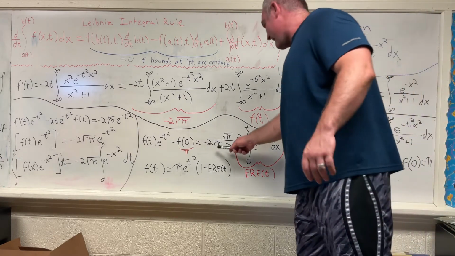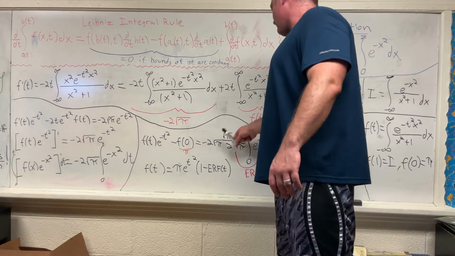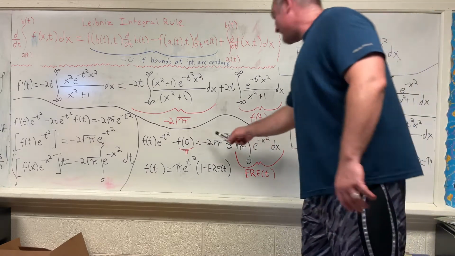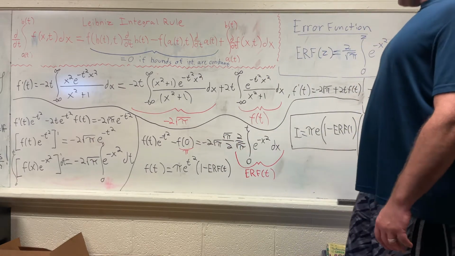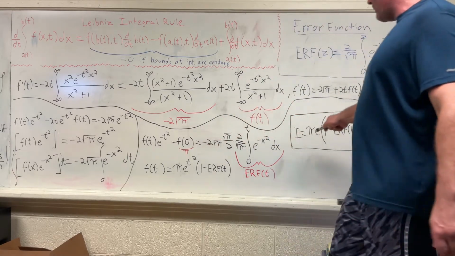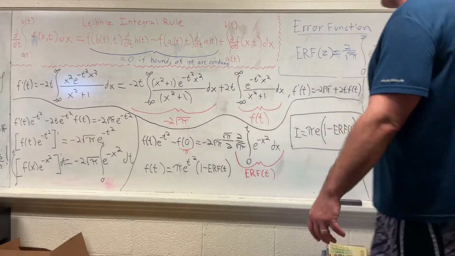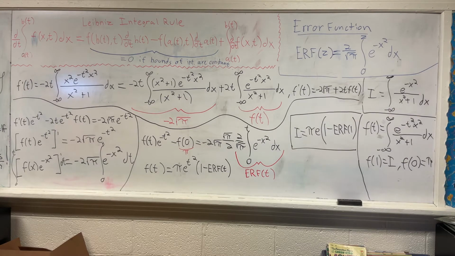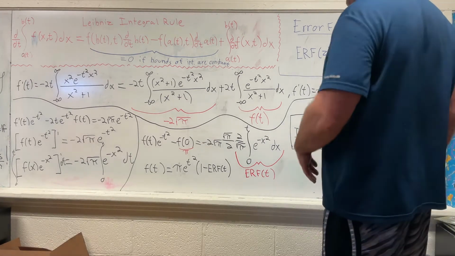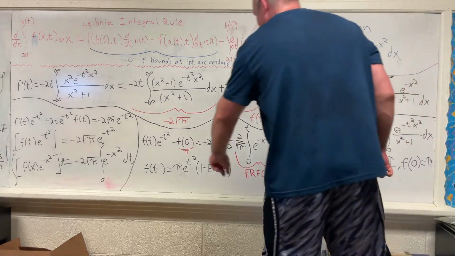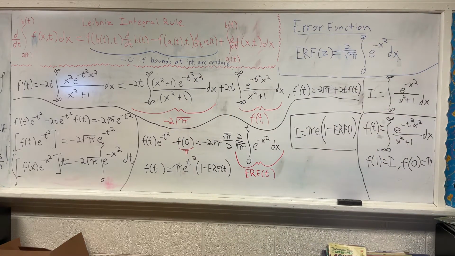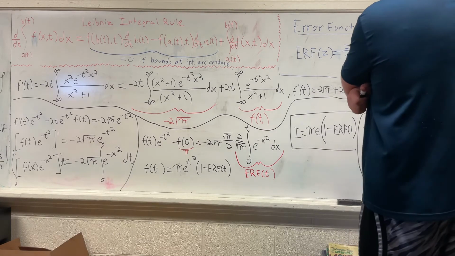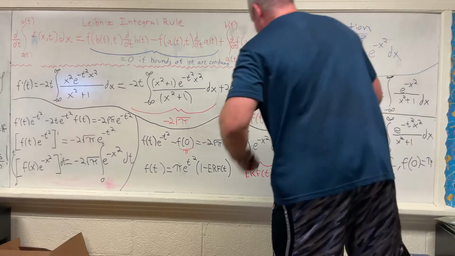Then you notice that the square root of pi times the square root of pi is pi, and these 2's will cancel out. Then subtracting pi from both sides of the equation and multiplying both sides by e to the t squared gives us a final result for f of t being equal to pi times e to the t squared, all of that times 1 minus ERF of t.